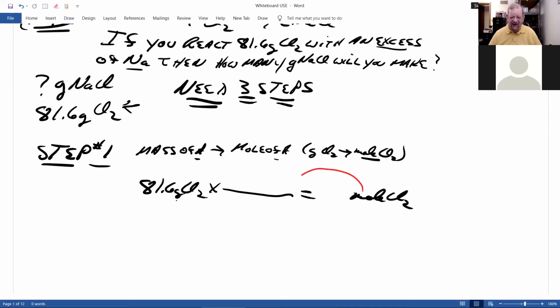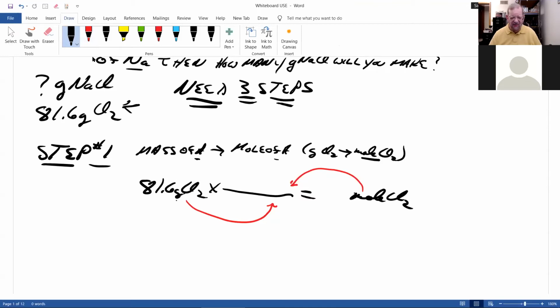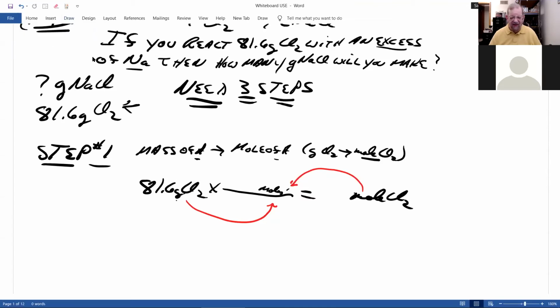Whatever I'm trying to get to goes on top of this ratio. Whatever I'm trying to get rid of goes underneath. This is moles of chlorine, and this is grams of chlorine. And where do we get this ratio? 1 mole equals the molecular weight of a compound in grams.